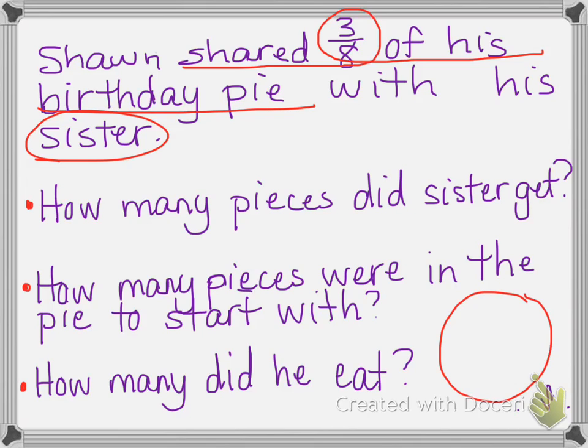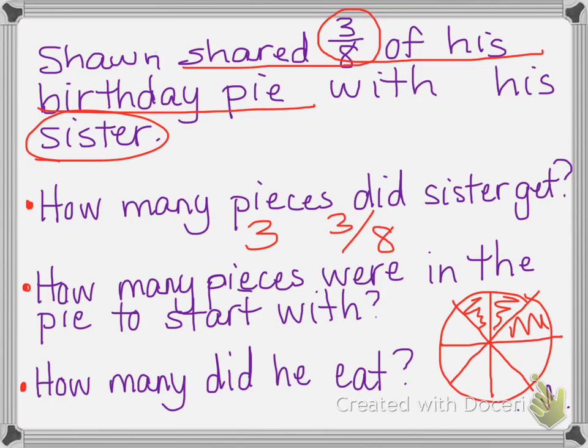And thinking about our fraction vocabulary, we know that the denominator tells us exactly how many pieces that has to be. So we know that Sean's birthday pie had a total of 8 pieces. This tells us that he shared 3 of those pieces with his sister. So we know that she got 3, or 3 out of 8 pieces.